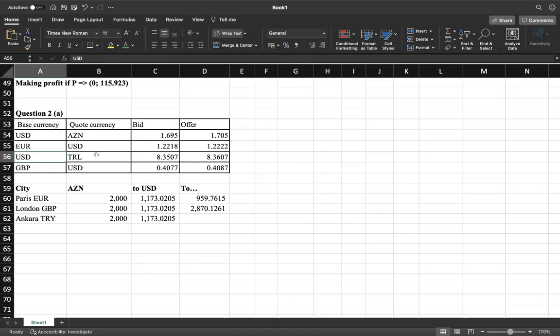Instead, we have USD to Turkish lira, which means the 1 USD price against Turkish lira. So instead of buying Turkish lira at the offer rate, I can sell my USD at the bid rate, this bid rate.